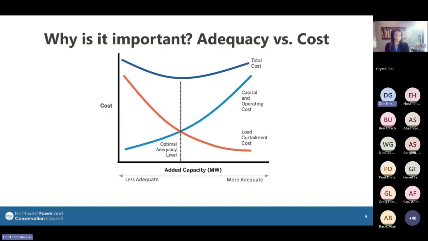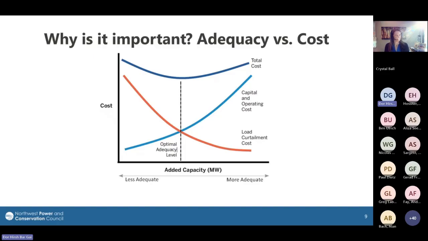There is also an implied notion that every time you have a shortfall, or when you cannot satisfy load, that has an implied cost. The more hours that you can't serve are costlier to consider. This is what you can see as the load curtailment cost. The more megawatts you have, in other words the more resources you have to satisfy your demand, we could assume we're going to have fewer shortfalls, and hence the load curtailment cost will decrease.